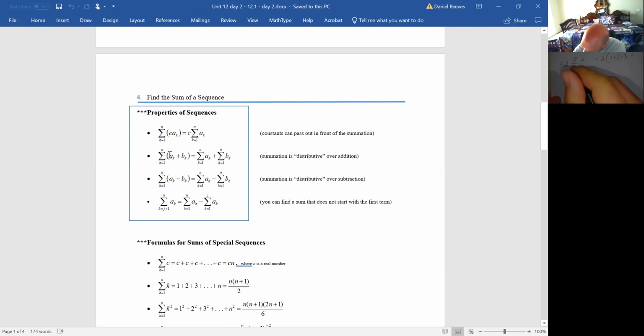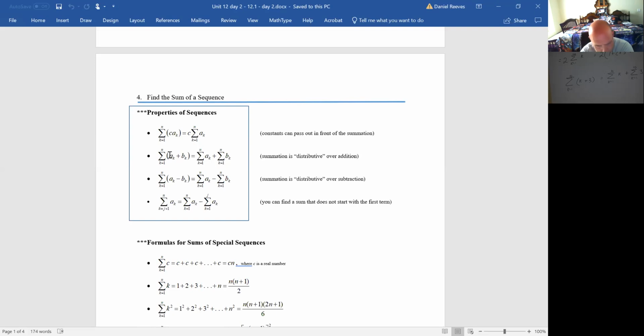So if, for example, I had the sum from k equals 1 to 10 of k plus 3, I could split it up into the sum from k equals 1 to 10 of k plus the sum from k equals 1 to 10 of 3. Okay. The next one really is the same one. If you can do it with sums, you can do it with differences.